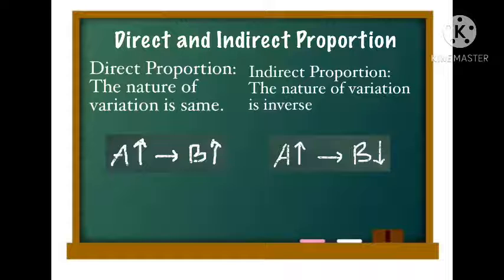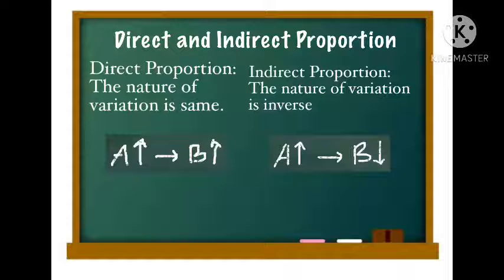When we have two quantities and the nature of variation of the two quantities is inverse, we say the two quantities are indirectly proportional.